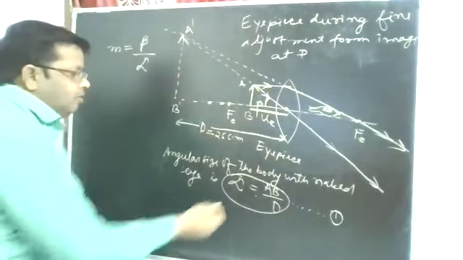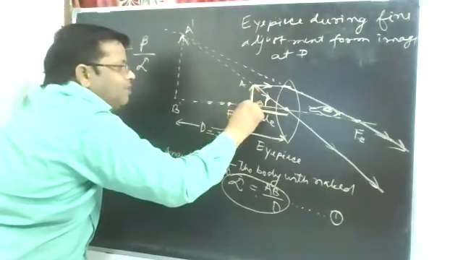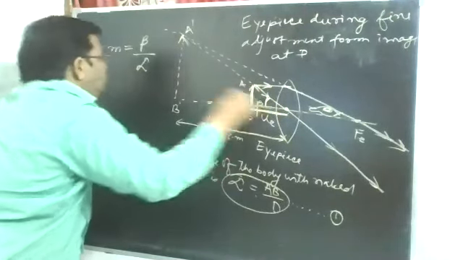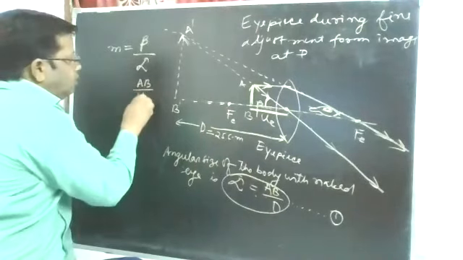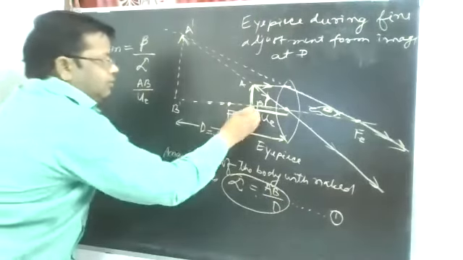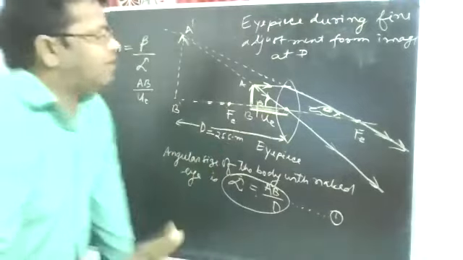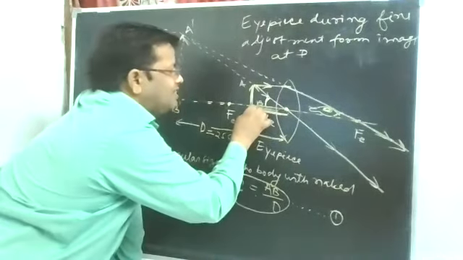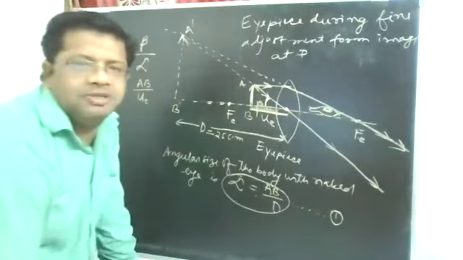Now here, what is the value of beta? AB by UE. And you see here, one sign convention is there. All the distances measured in the direction of the incident ray, we always take as positive.